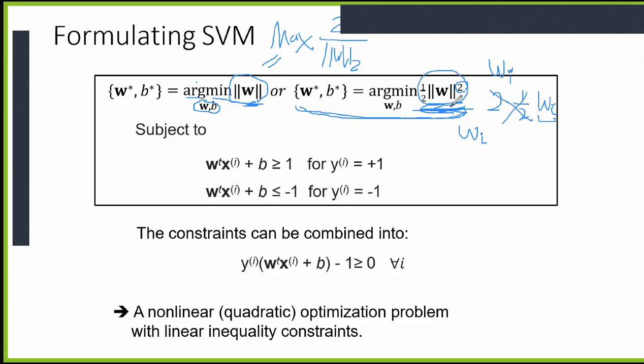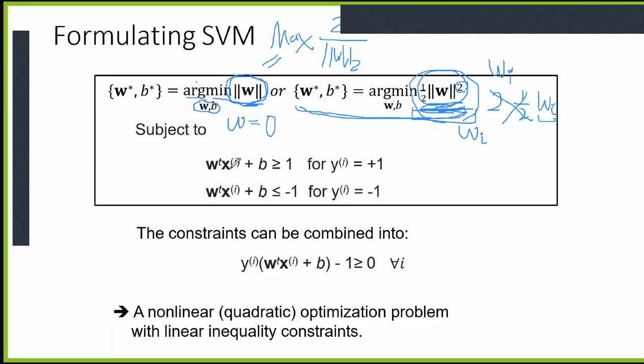But if we directly apply it to the norm, there are some cases that are hard to solve, because when the weight vector is equal to the origin, we don't have a gradient there. That would cause problems in optimization. That's the reason why we make it into a quadratic problem.